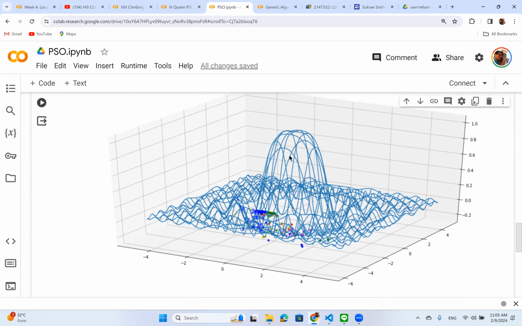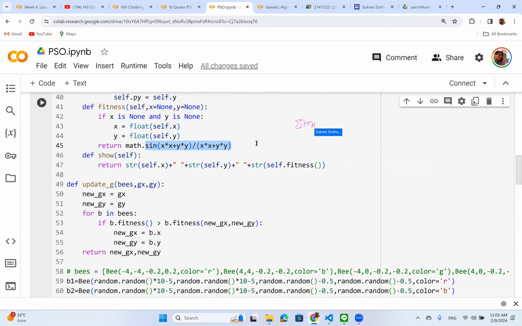This is the mountain, X and Y. I think you can see that I calculate the fitness using this function: sine of x squared plus y squared, divided by x squared plus y squared. It's just the simulated fitness.